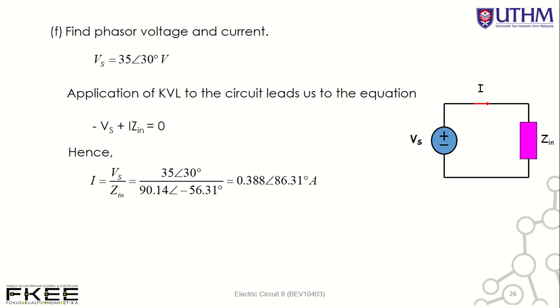Okay, so find the phasor voltage and current. For the voltage supply, you can convert from time domain to phasor domain, 35 angle 30 degree volt. Since you already calculated the total Z and you have Vs, you can determine current by using Ohm's law or Kirchhoff voltage law.